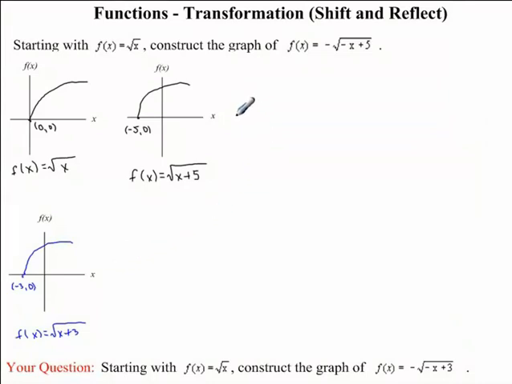So coming back to our question here, we are now going to apply our second transformation, this negative in front of our x. So once again, we need to draw a new graph. This graph will be titled f of x is equal to the square root of negative x plus 5.